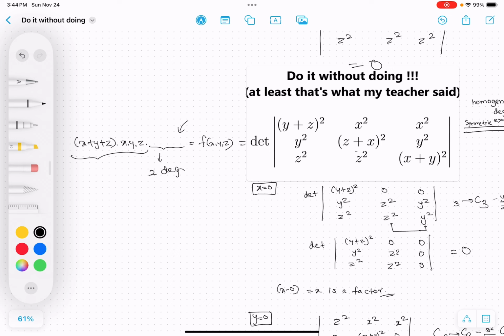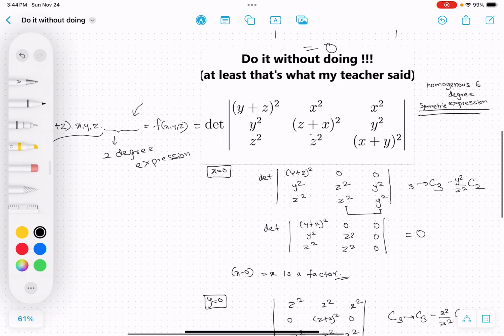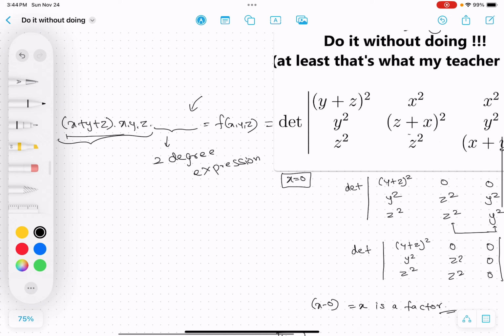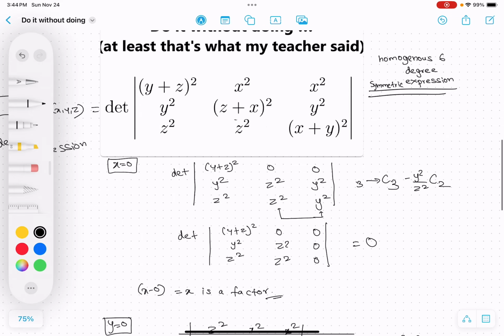Now the only thing that remains is a 2-degree expression. Let's see how a general 2-degree expression looks. It needs to be homogeneous, since all of these things are homogeneous, it needs to be 2 degree, and it also needs to be symmetric.